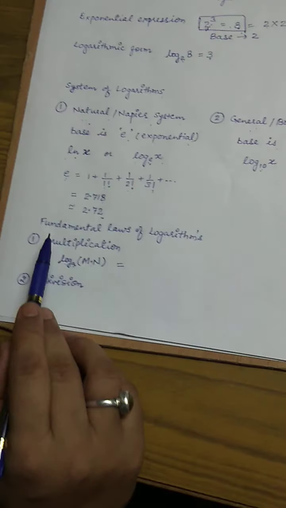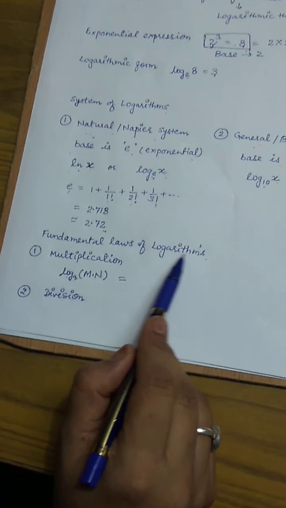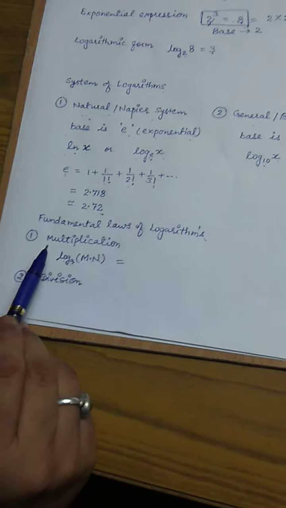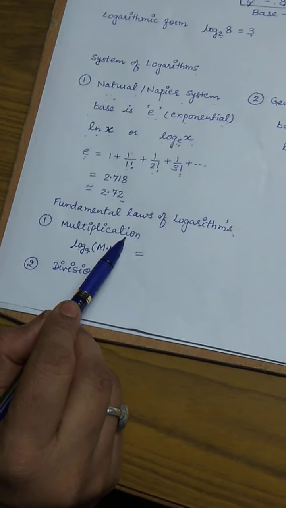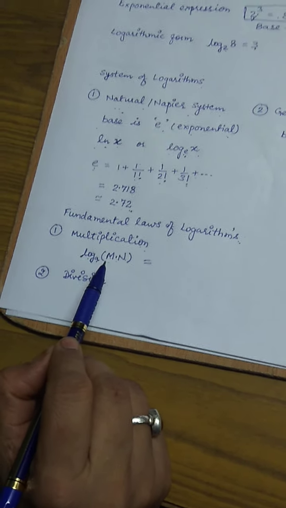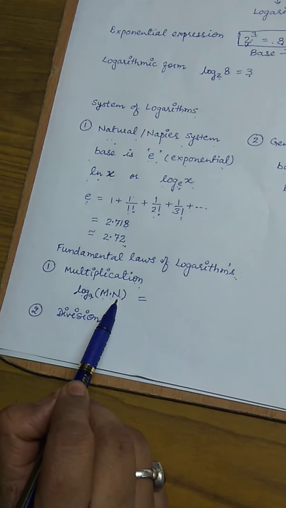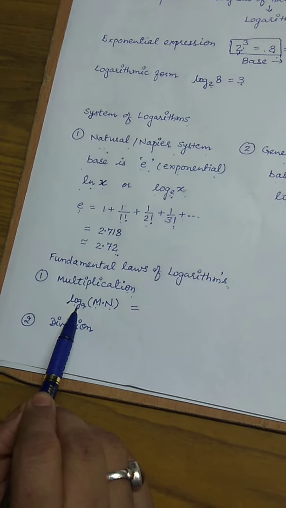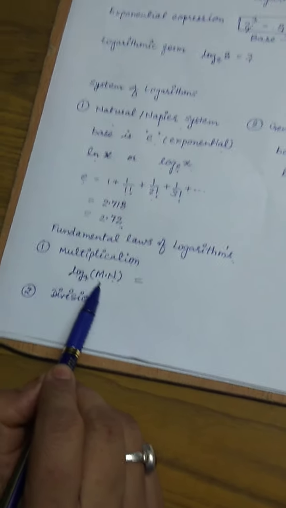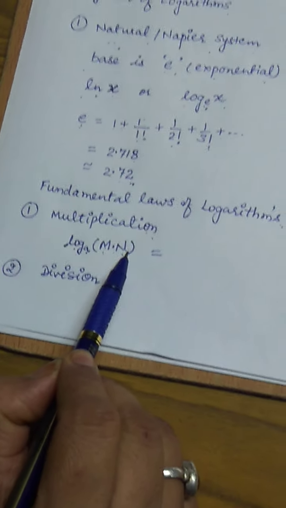Okay. Now, the fundamental laws of logarithms. To write logarithms, we have to follow some fundamental rules. The first rule is the rule of multiplication. If there are two factors which are getting multiplied, how do we write their log? It is the sum of their individual logs.